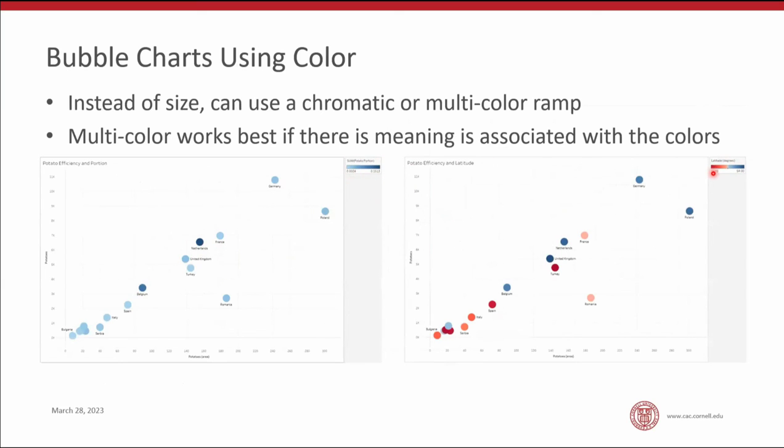Here's the same thing with a ramp from red, meaning low percentage, to blue, meaning high percentage, and the same countries show up in the blue end of things. This would be more applicable if you had like temperatures, like cold could be shown as blue and red would be shown as hot. So you need to be a little bit careful when you're using a multicolor ramp.